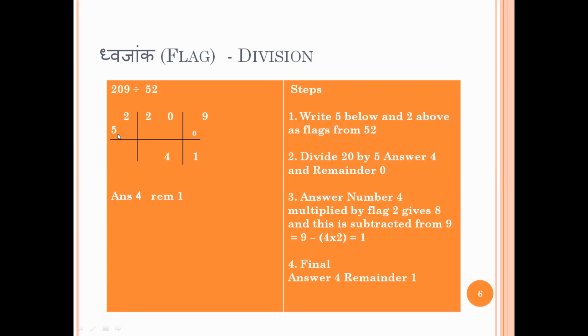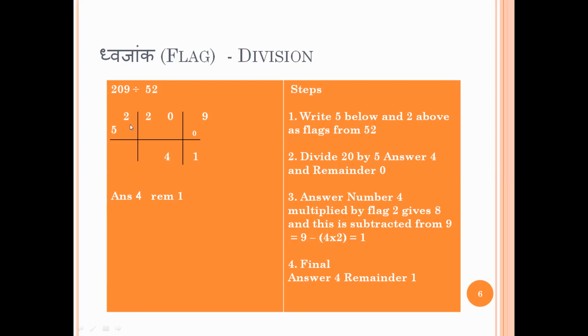So 20 divided by 5, answer is 4, remainder is 0. I write the remainder on the top here. So answer 4 here, remainder 0. Next number is 09. Then from 09 we subtract the answer times flag.